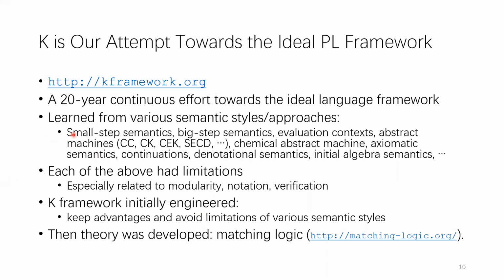We learned from small step semantics, big step semantics, evaluation context, abstract machines, and there are many variants of them, chemical abstract machines, axiomatic semantics, continuation, denotational, and initial algebra semantics. We found that each of these semantic styles has its own limitations.